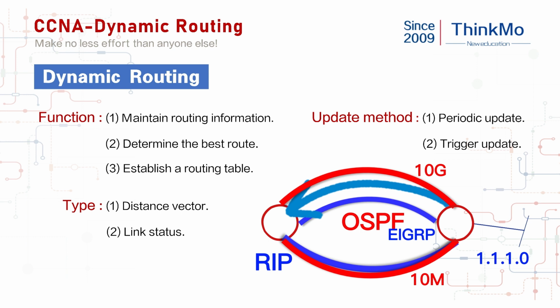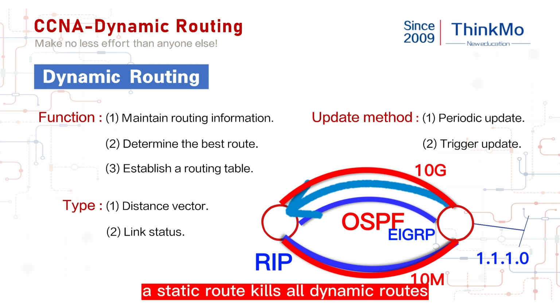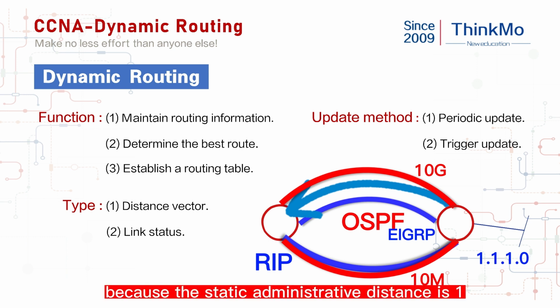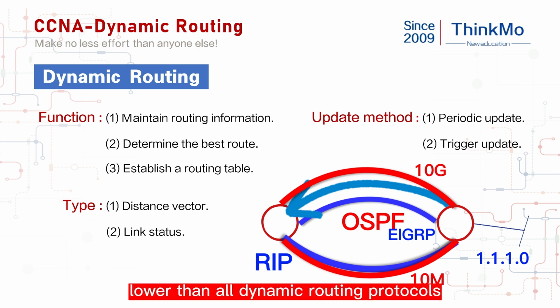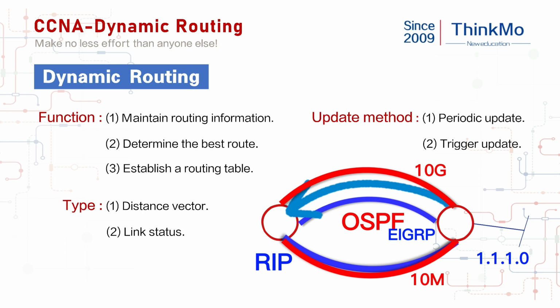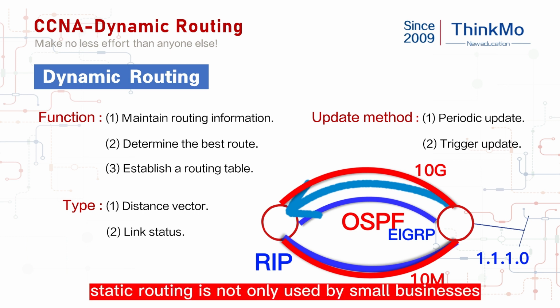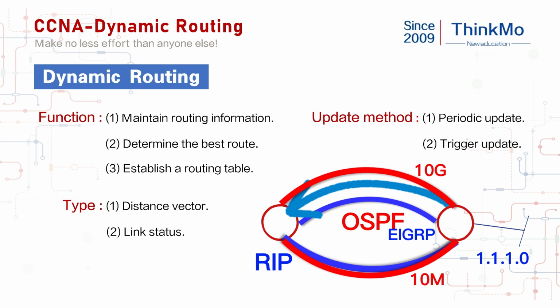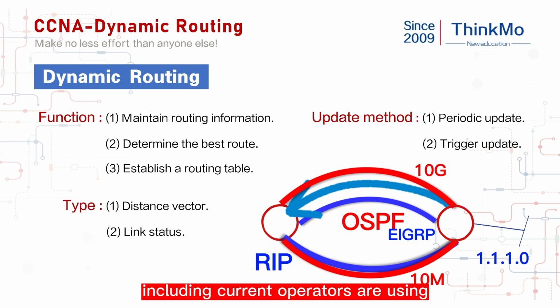In the end, a static route beats all dynamic routes, because the static administrative distance is 1, lower than all dynamic routing protocols. Static routing is not only used by small businesses; medium enterprises, large enterprises, and even current operators use it.